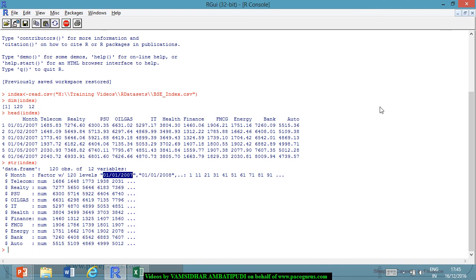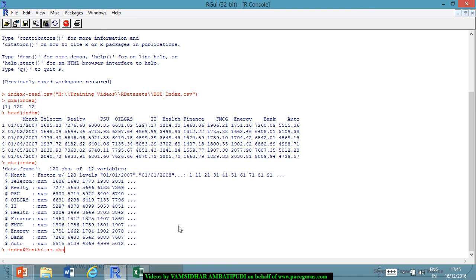Alright. So now when we start using R here, the first thing I am looking at is that the month is a factor, but it has to be a date. So let me convert it. How do I convert? I'll overwrite into the same location, index dollar month. First, because this is a factor, I'll have to convert it into a character.